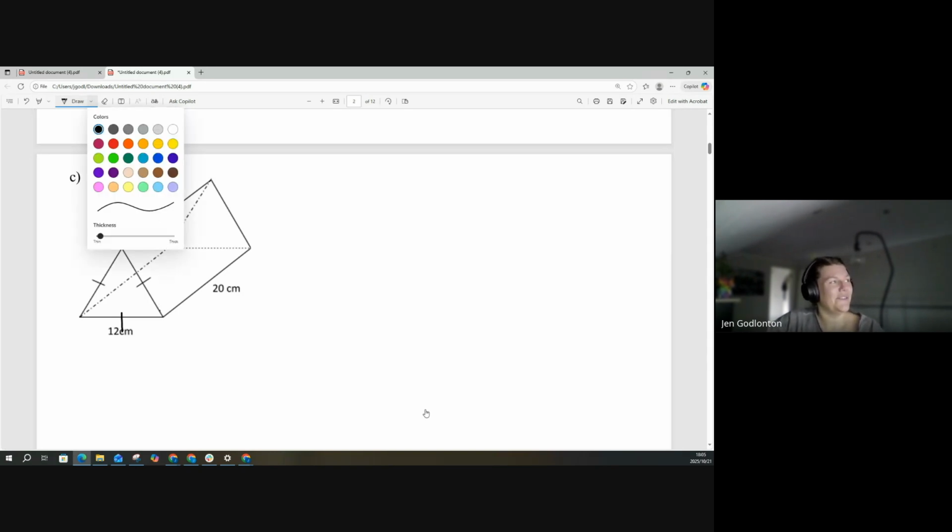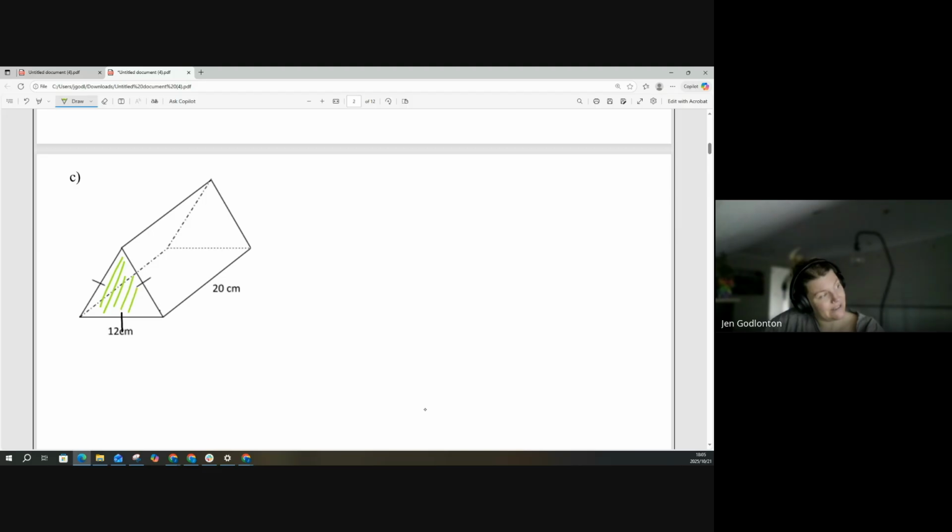So for this, you're going to need a couple of things. So this is a triangular prism. Remember, when we talk about the base times the height, it means the base has to be the same all the way up. So in this case, our base is actually this triangle, and this would be our height. Because basically when we do it, it means I need to be able to cut anywhere in that prism and I would get exactly the same shape. So like if I cut here or if I cut here, I'd get the same shape.